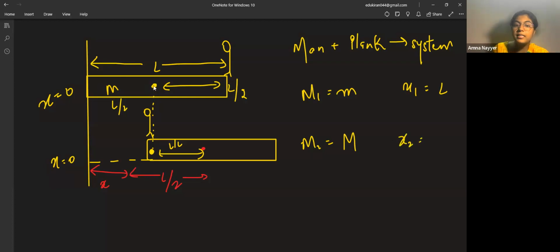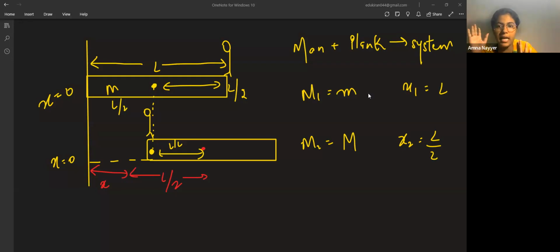And what would be the separation? You will take the separation of the center of mass. That's the entire concept of center of mass. So instead of taking the entire plank, with so many particles present, I can replace the entire plank by just the center of mass. So X2 will become L by 2. This is the initial case. First, tell me, is it clear why we are taking this? See, the mass of man is small m. He is at a separation of x equal to L from the origin.